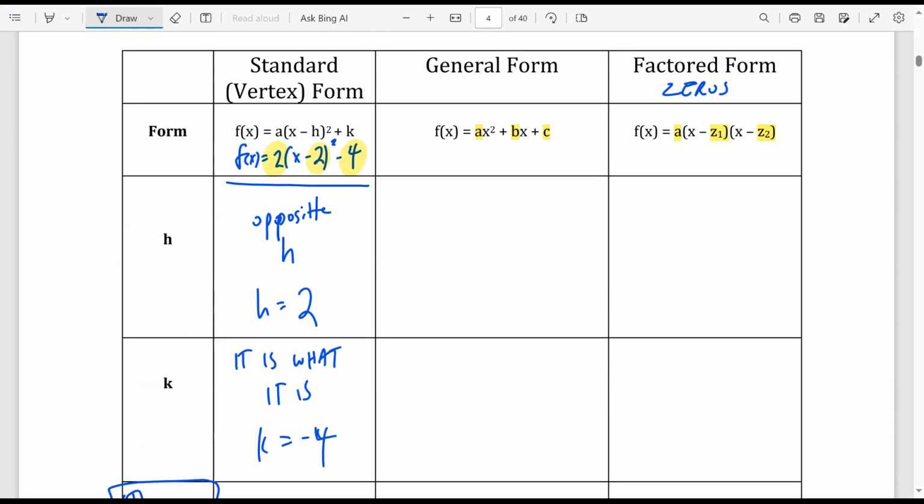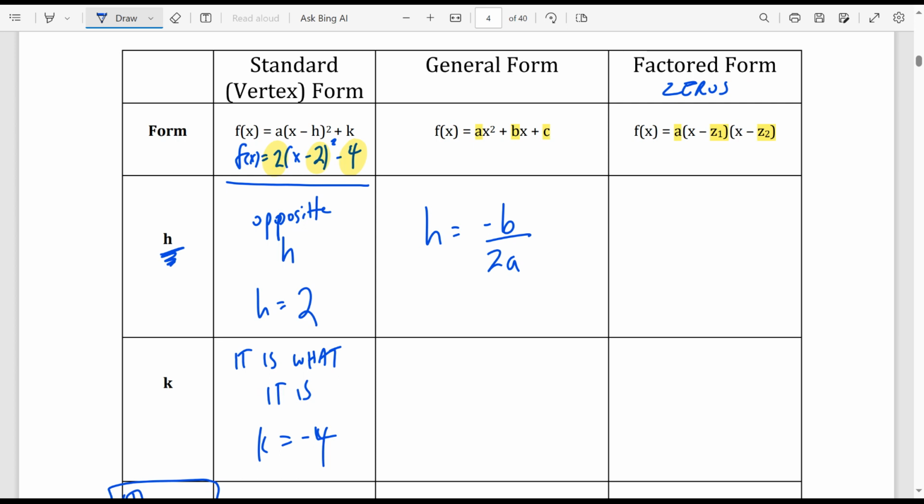So this is how you're going to use this: if I identify that the question's giving it to me in general form, and I identify from the word problem that I have to find the h, because that's part of the answer, then this is the formula I am going to use: negative b over 2a. The c doesn't matter in that one because it's a symmetry thing. The c does not matter.